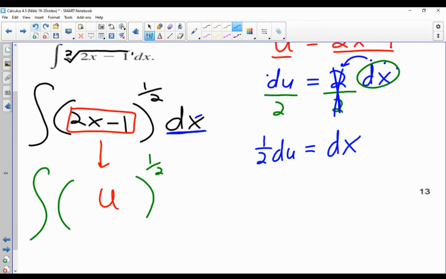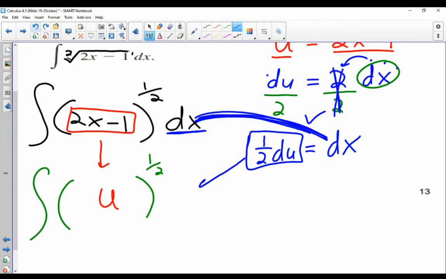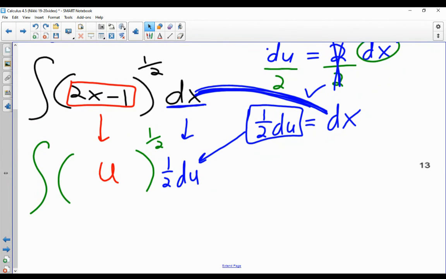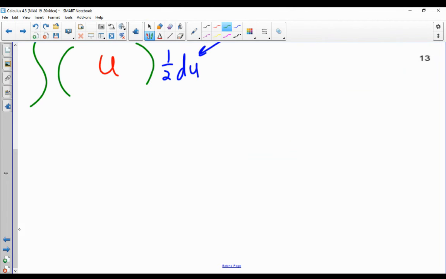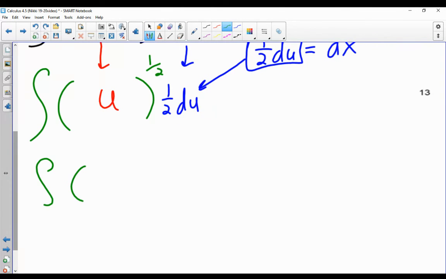If I do that, then these two parts would match. So then with that said, I could take the 1/2 du and put it in place of the dx. So there you go. And then that would give me the integral of u to the 1/2 times 1/2 du.